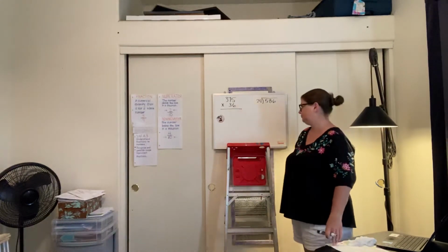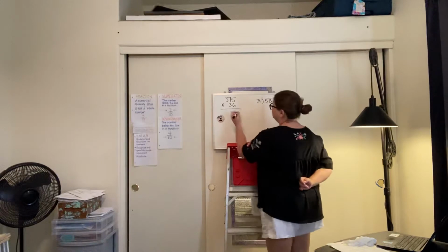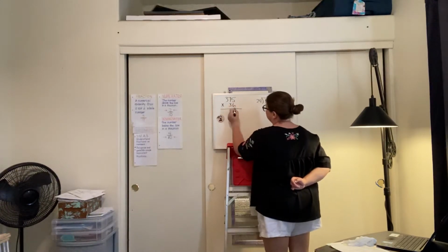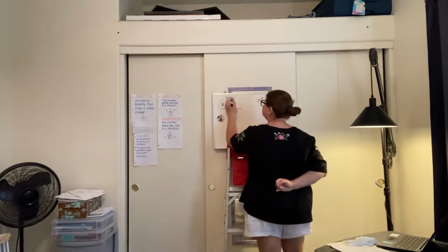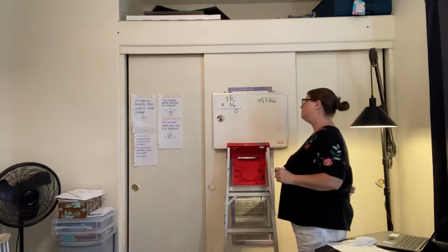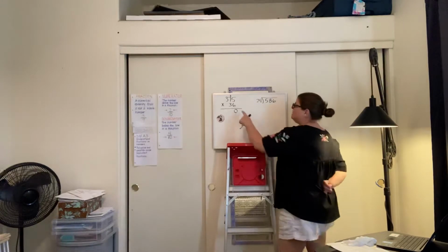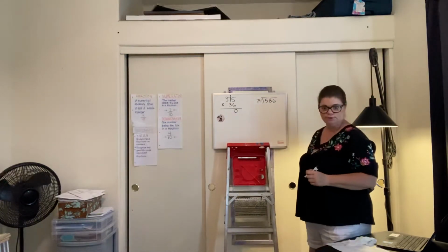Emmerich. Good. Okay, we're going to multiply the 6. So 6 times 5 is what, Emmerich? 30. Put the 0. We're going to carry the 3. Okay. Then we're going to multiply 6 times 7, which gives us 42.